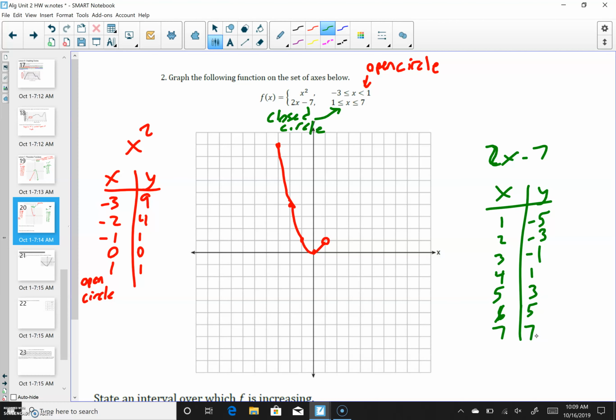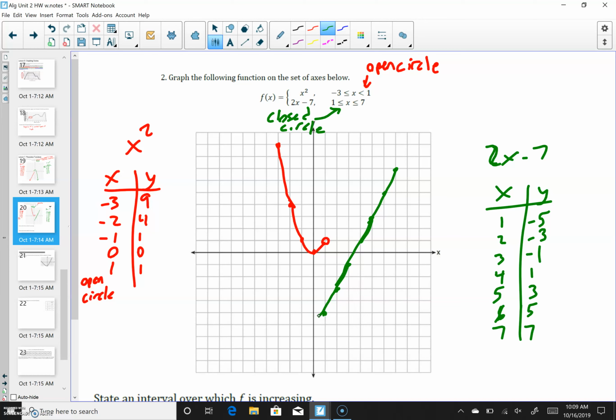So all of these points are going to have closed circles. We connect all those points, but we are not going to use any arrows on this graph.